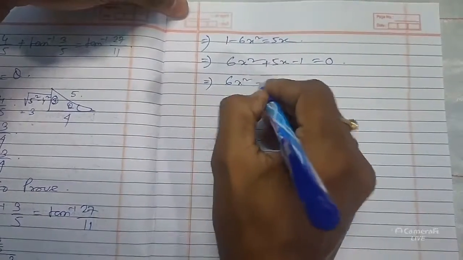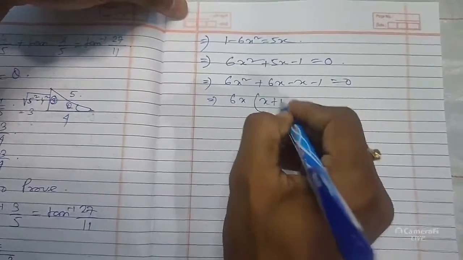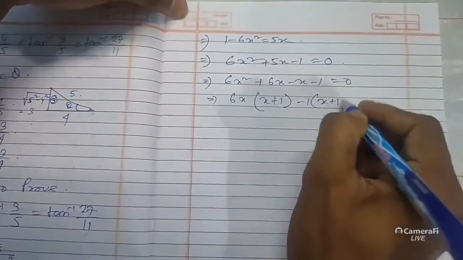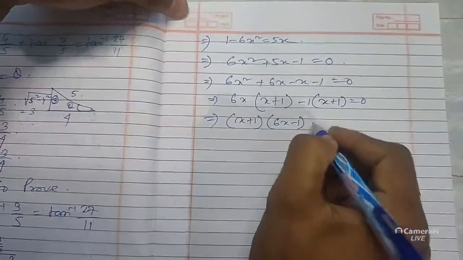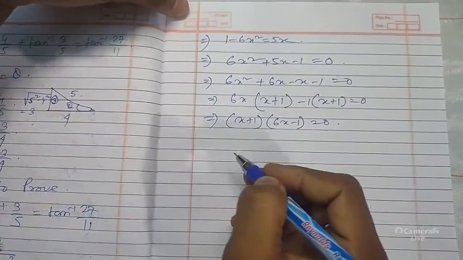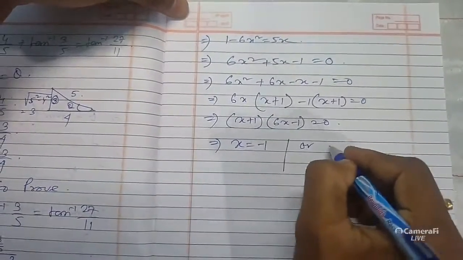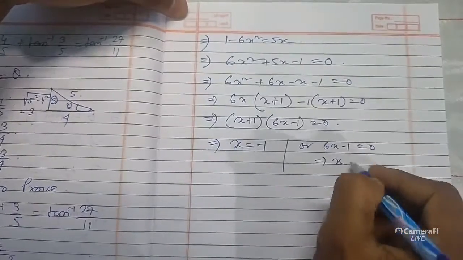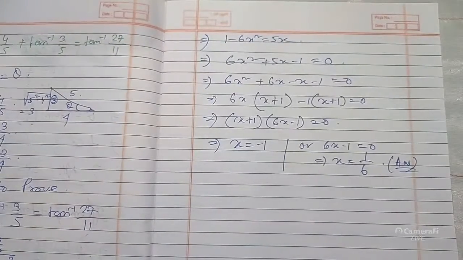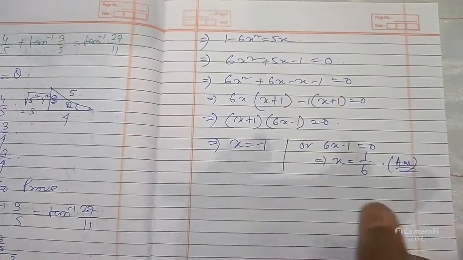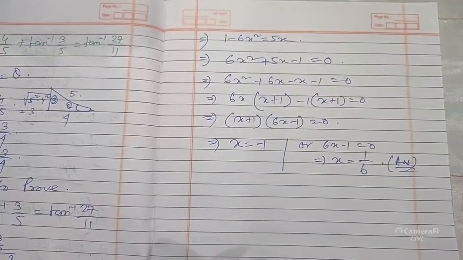If you do 6x square plus 6x minus x minus 1 equals 0, 6x common, x plus 1, minus 1 common, x plus 1 equals 0, which implies x plus 1 into 6x minus 1 equals 0. That means x equals minus 1, or 6x minus 1 equals 0 gives us x equals 1 by 6. So this is the answer. So whenever the question says solve this or find the value of x, you have to solve in this way.